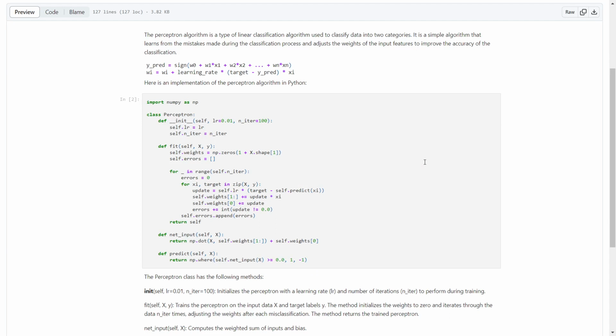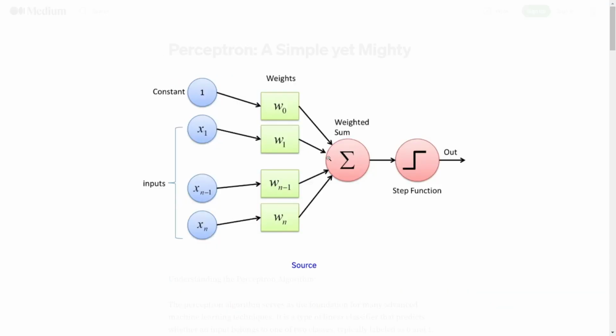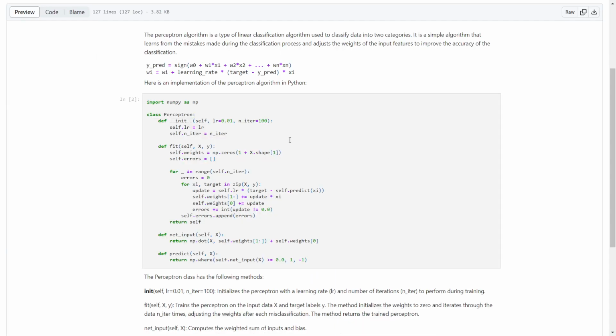There are two things that you need to think about. First, when we are trying to find the weighted sum, it would be w1 x1 plus w2 x2 plus until wn xn. That's what is written here.